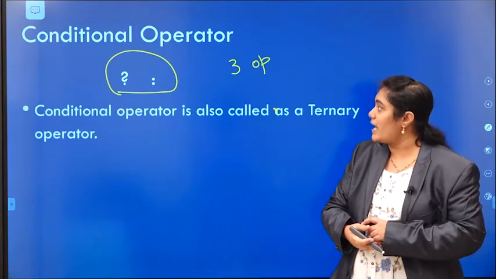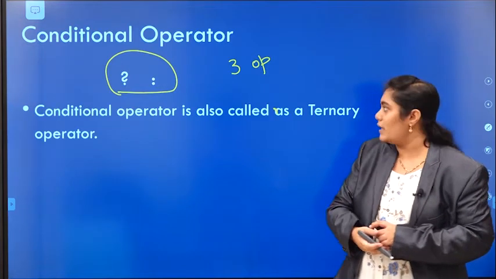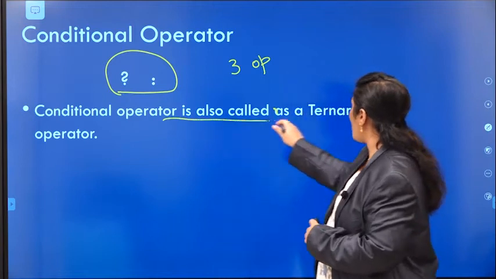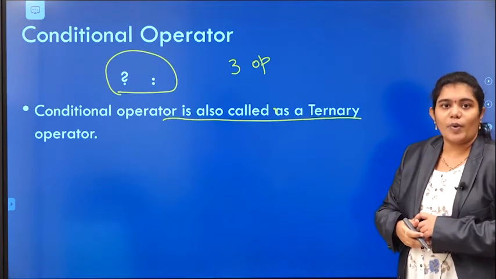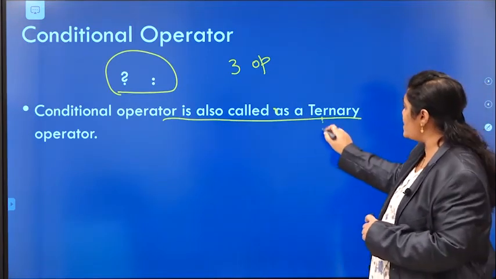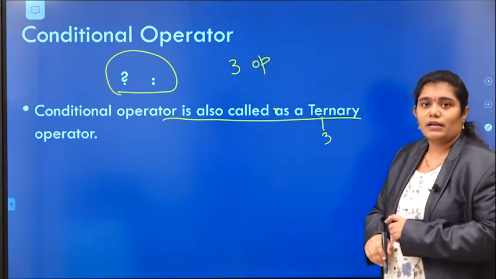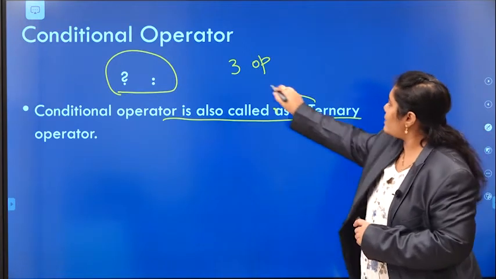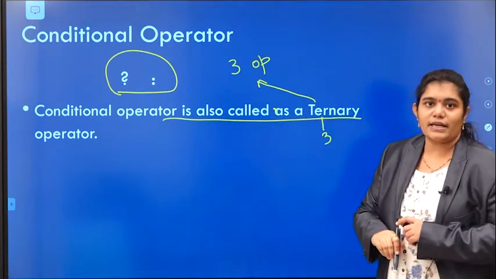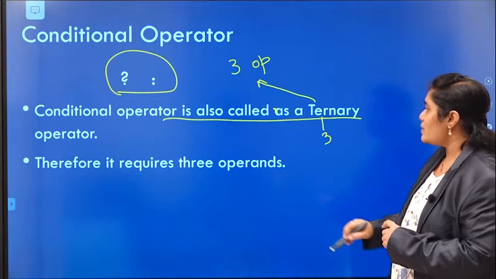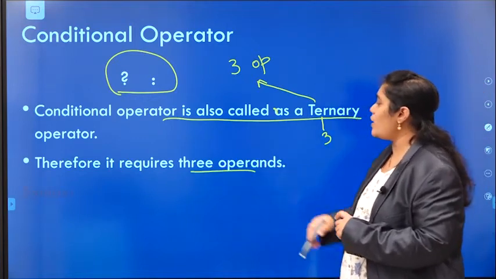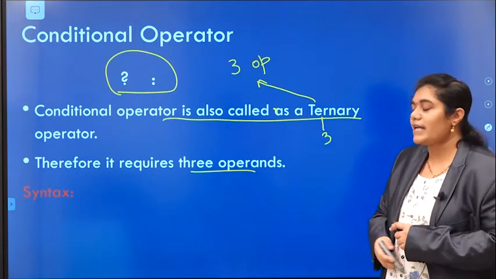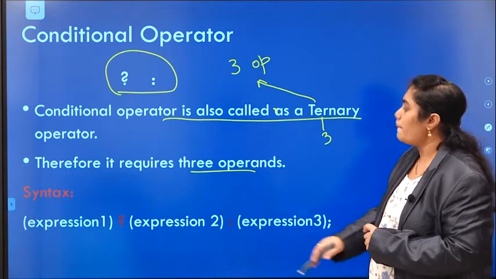That's why we call it a ternary operator, because ternary means 3. Let us see the syntax for this conditional operator.